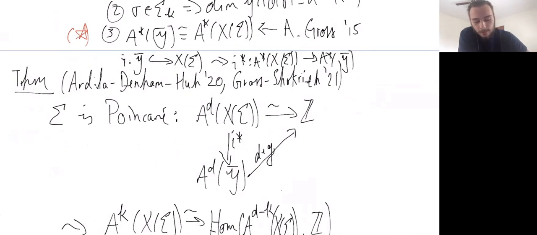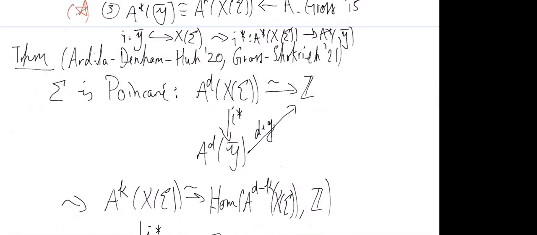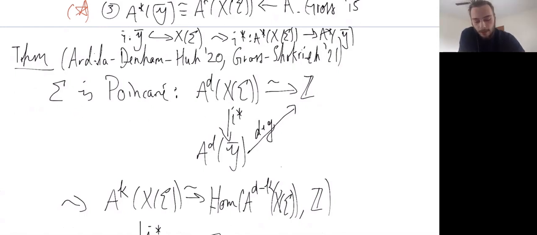So what this means is, this is a d-dimensional fan in R^n, and there's a natural way to get a degree map from A^d of X_Σ to Z. The way that this works is first I'll pull back a cocycle on X_Σ to A^d of Y bar, and now that is a complete variety of dimension d, so I'm going to have a degree map there.